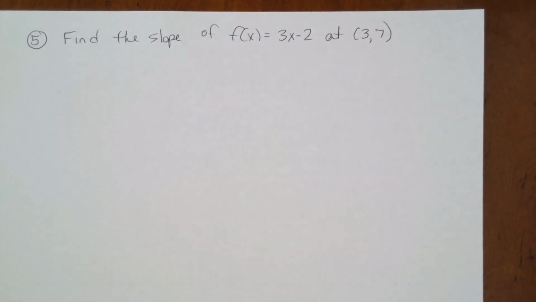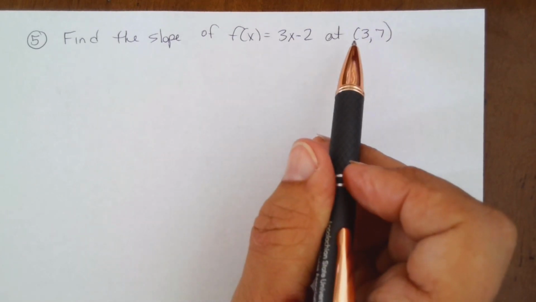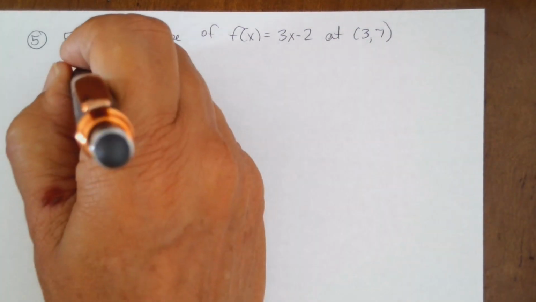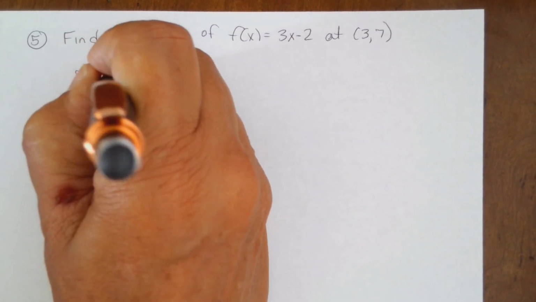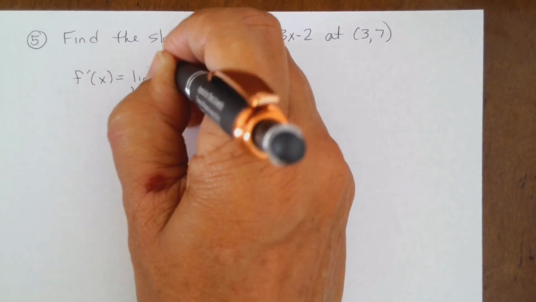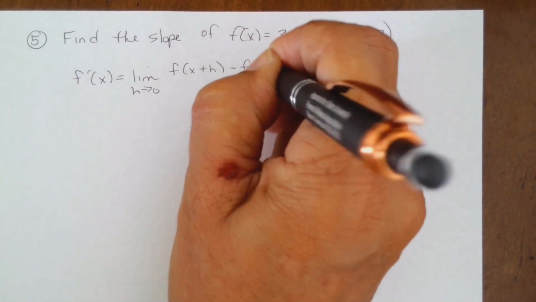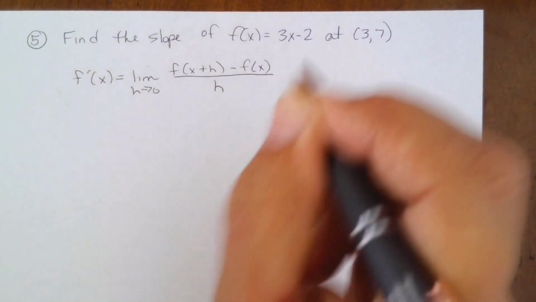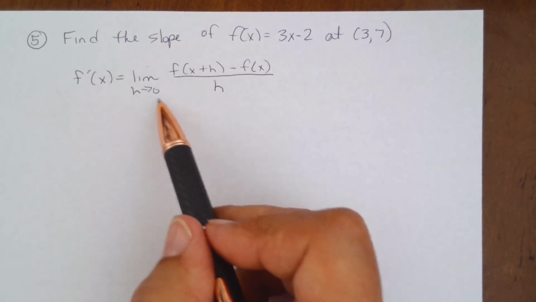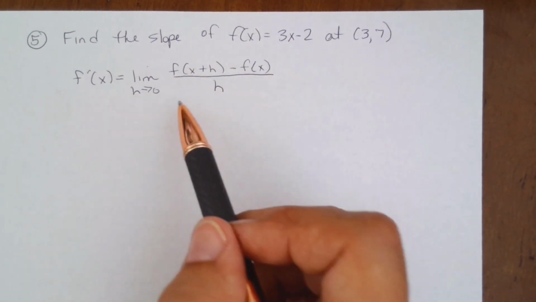All right, so again, if I'm only finding the slope at one point, then I need to use the derivative definition. So to find the derivative, which is the slope, we're going to use this formula. It's important that you know that difference quotient. The difference quotient is just this piece, but when you take the limit as h approaches 0, that's giving you the derivative.